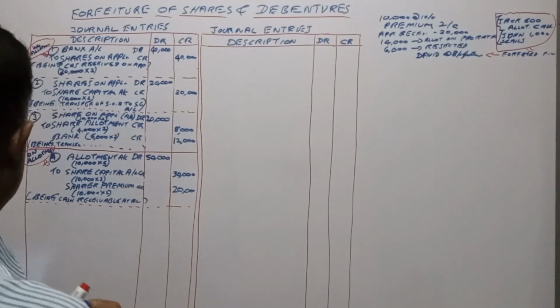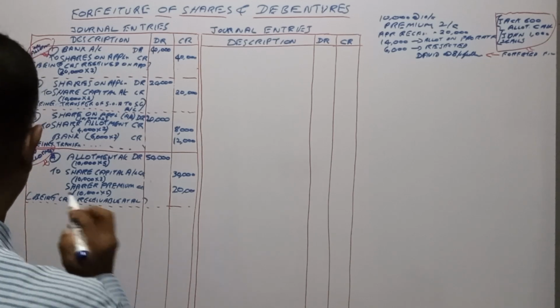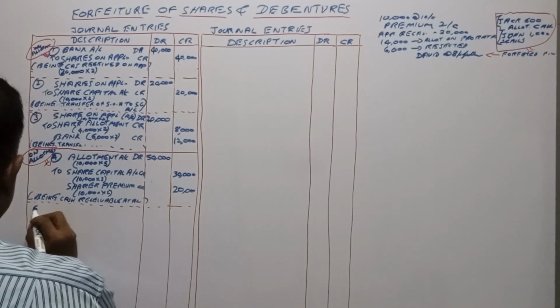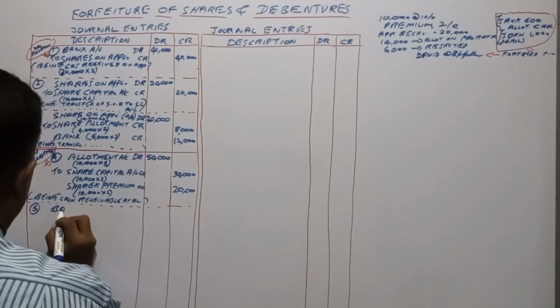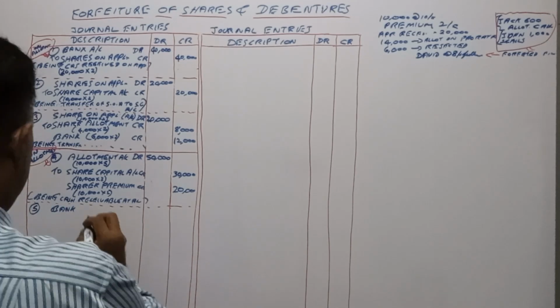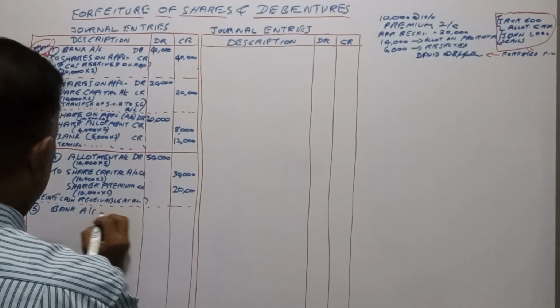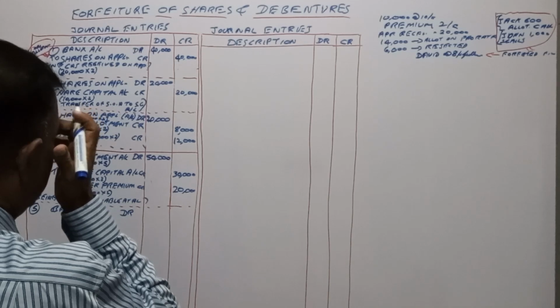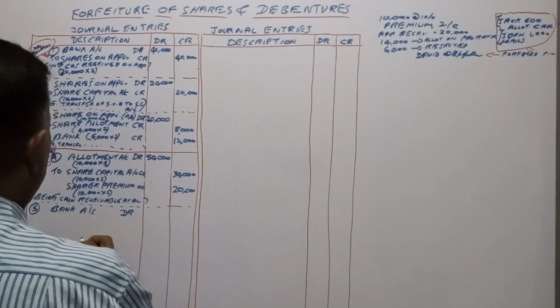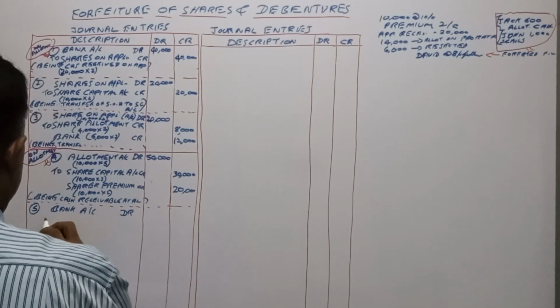Then the second journal entry, the fifth journal entry, is bank account debit, right, and share allotment account credit.